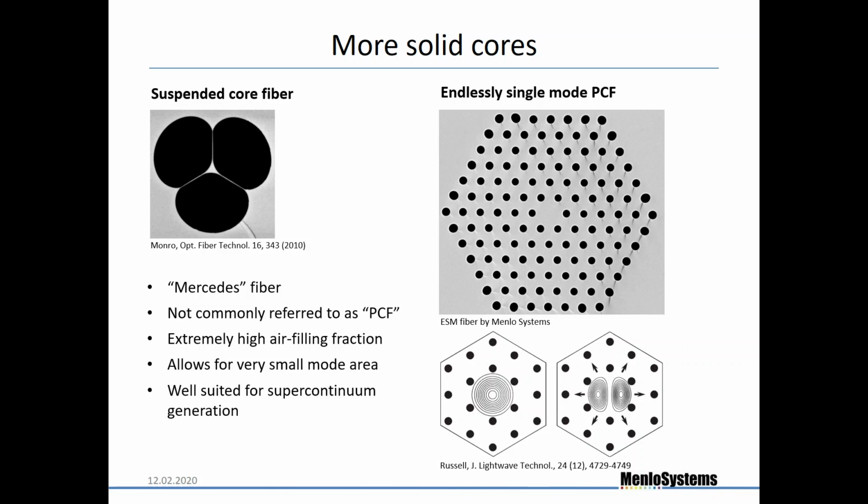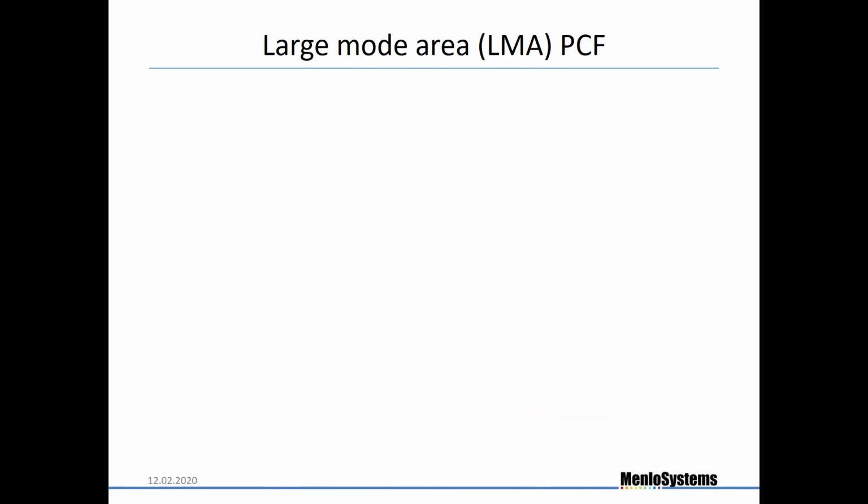So the fundamental mode is nicely enclosed by holes, but the first higher order mode has two antinodes which are small enough to fit in between those holes and escape from the core, and that will make it single mode. And these fibers are very convenient when you want to guide a very broadband supercontinuum and you nicely want to preserve the beam shape, the beam profile.